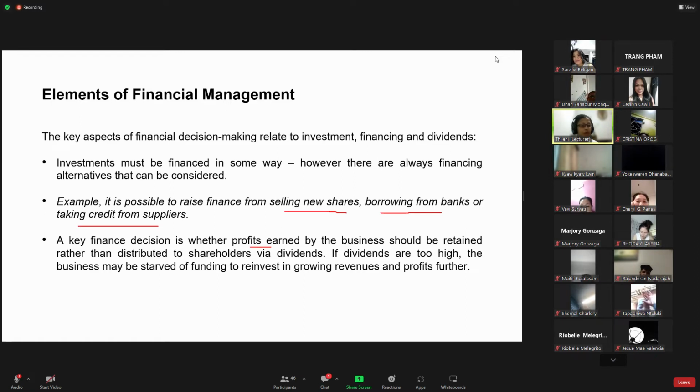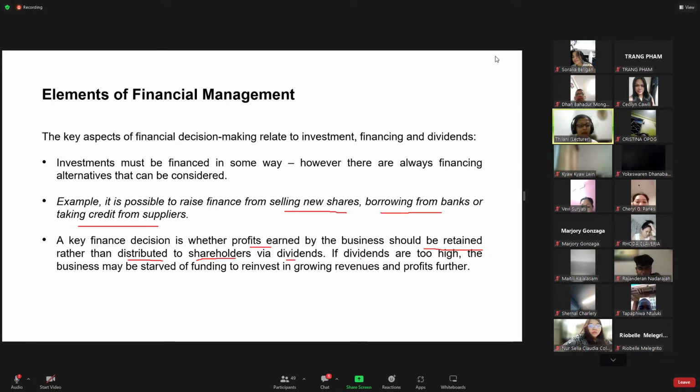That's the most important thing. Once you find a way to invest in your business, you have to find out whether you're making profits by doing this business. And then you need to find out, are you going to retain it, or are you going to distribute it to the shareholders through dividends?